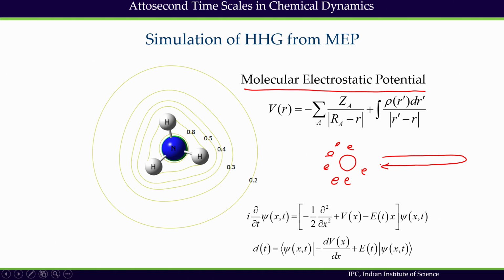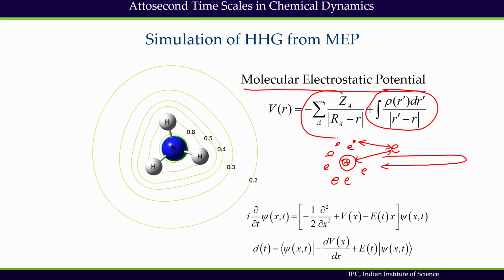When it is doing it, the electrostatic potential which is calculated is actually an interaction between this electron and the electron density at this point. Electrons are not particles anymore, electrons are actually represented by their own density. So I have to find the electrostatic interaction between the electron density and this electron, and that is represented by this term, and the electron will be interacting with the positively charged core nucleus as well.